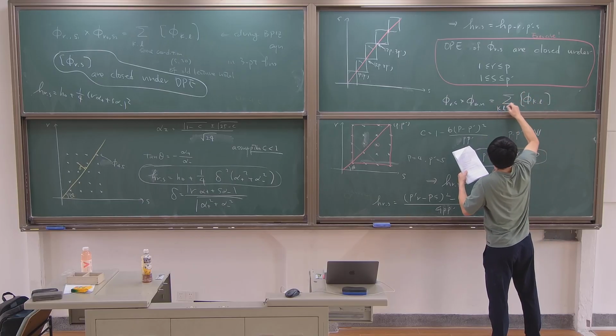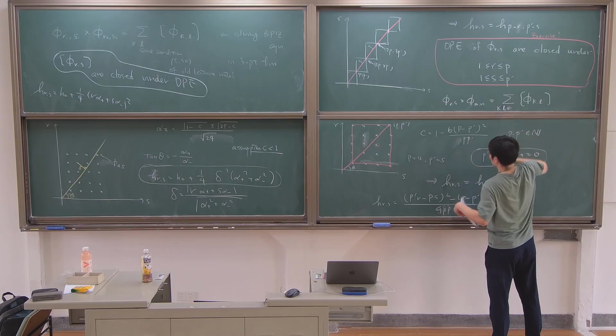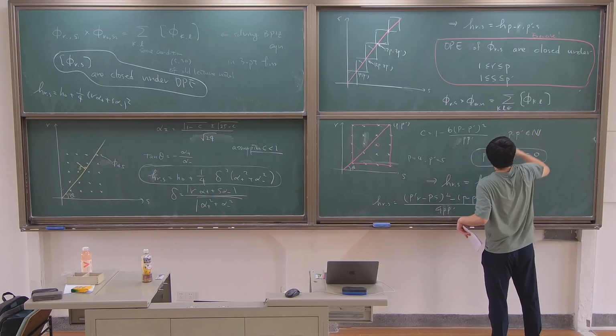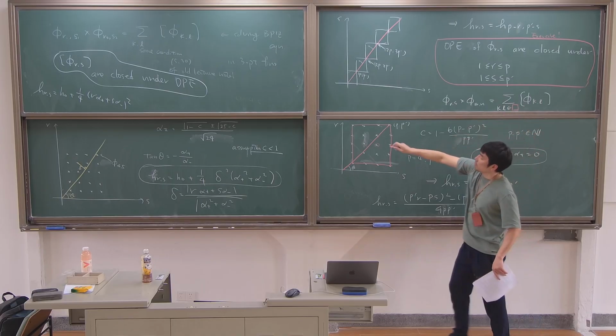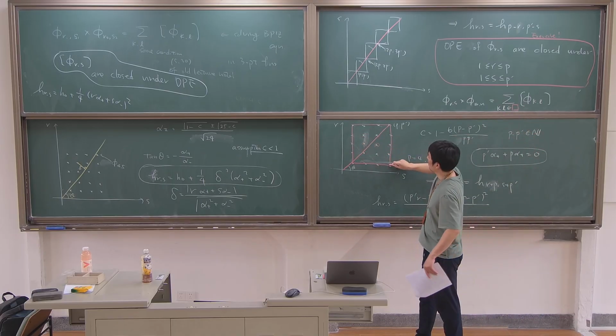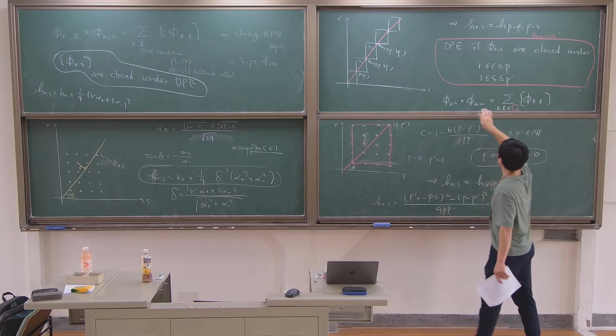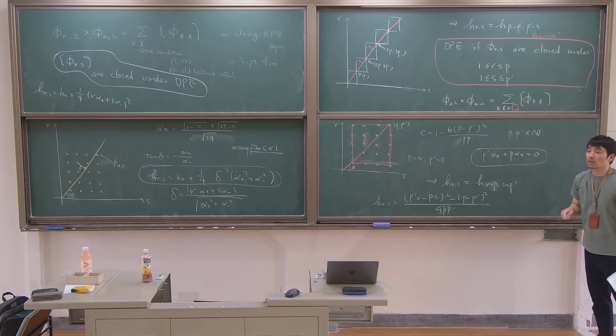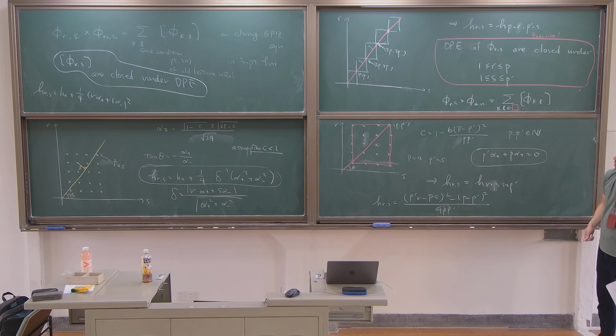KL is always inside this block. And also, OPE is closed under this block. So that's how we get the minimal model.